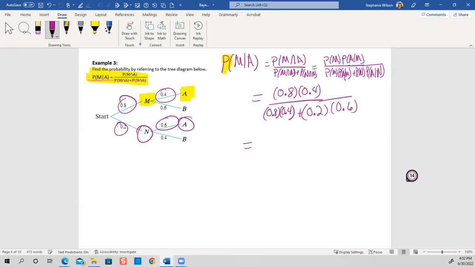Let's multiply. We got 0.8 times 0.4. That's 0.32. I said it backwards there. 0.32 plus, we got 0.2 times 0.6, 0.12. Now let's add the 0.32 to the 0.12.